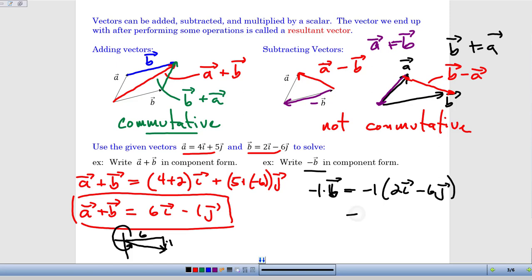And so then we get negative 2i plus 6j is going to be our negative b. And so again, it's not too hard for us to imagine that the magnitude is going to be the same, since we can set up a Pythagorean theorem right triangle with those two as the sides. We're going to get the same length of the hypotenuse, the same magnitude, but the direction is going to be 180 degrees opposite.